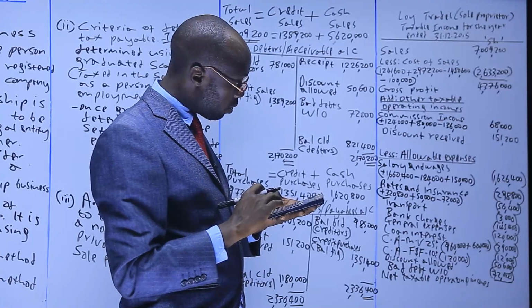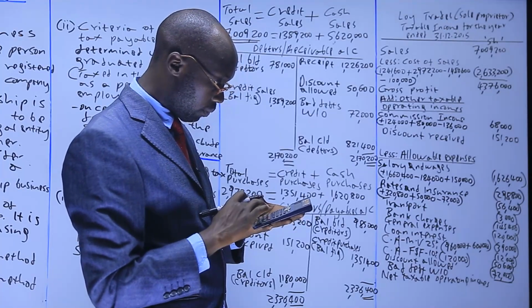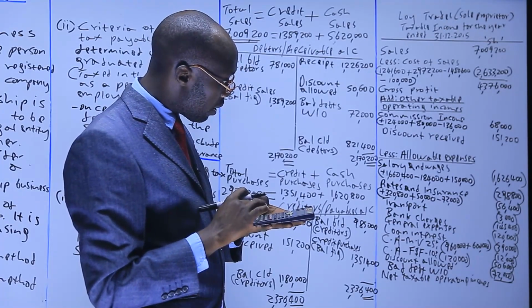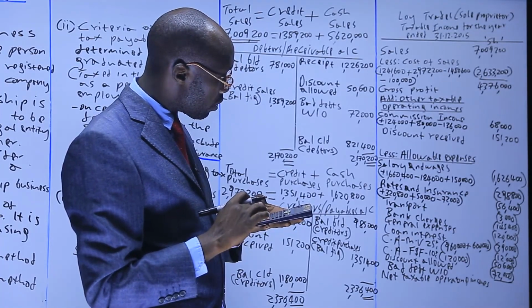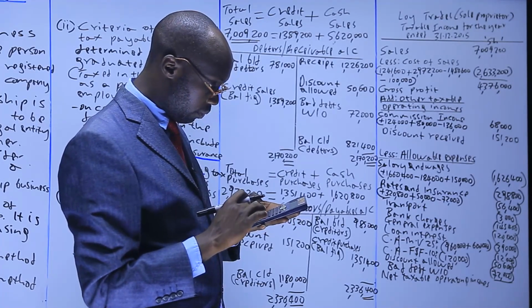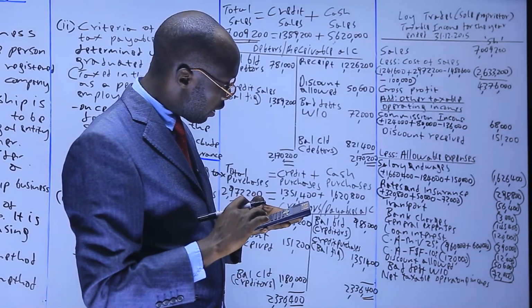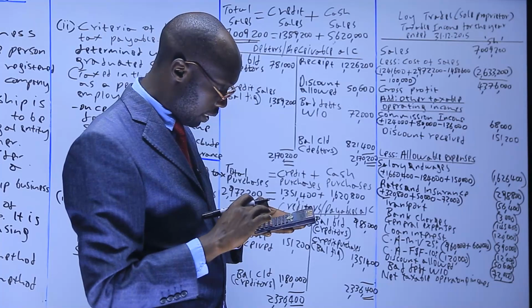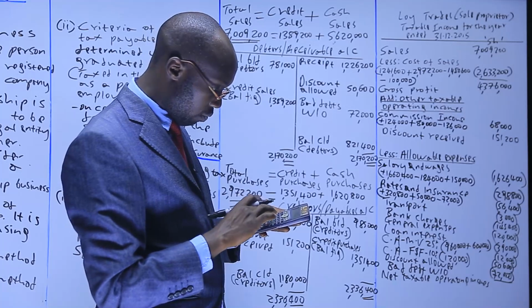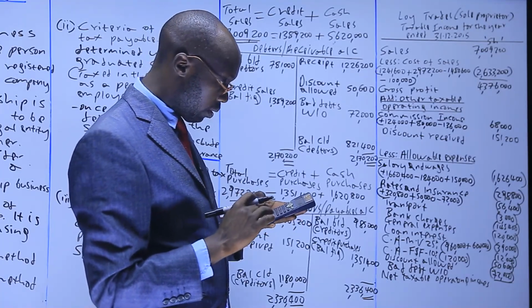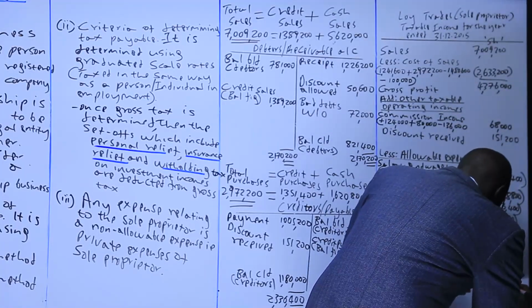We minus 120,000. We minus 390,000. We minus 12,000. We minus 5,600. Then we minus 72,000. It gives us 1,826,000.